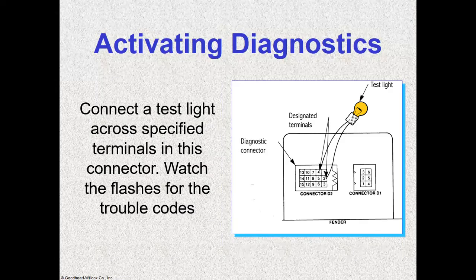For this one, instead of the check engine light flashing, it requires you to use a test light, and then you count the flashes of that light to know what the code is. That's between pins 4 and 2. This one doesn't tell you which vehicle it is.